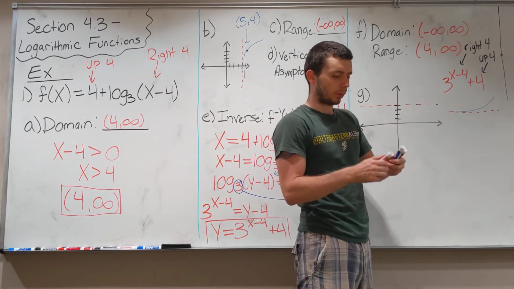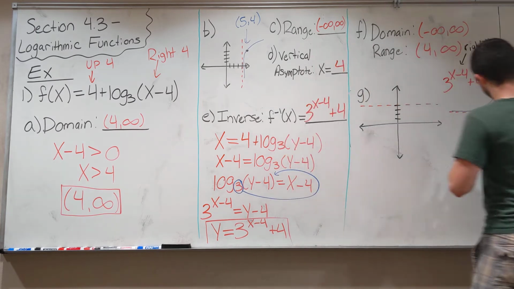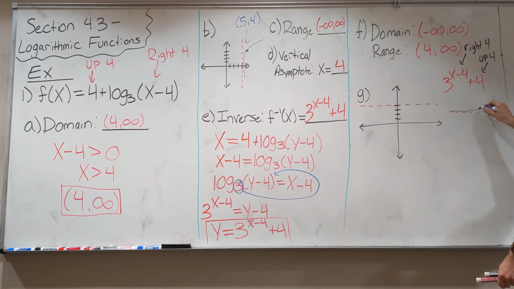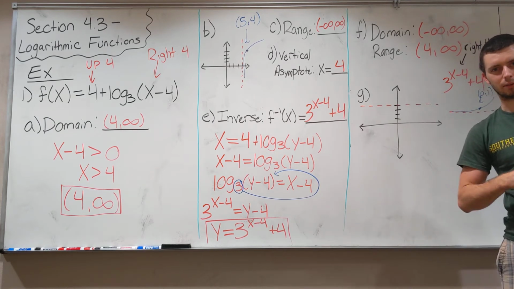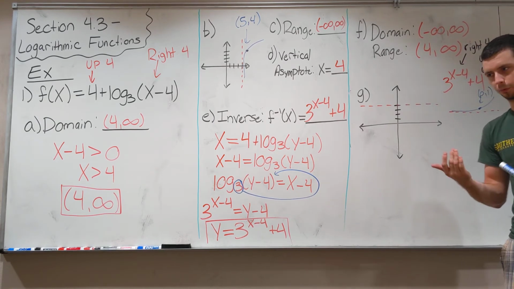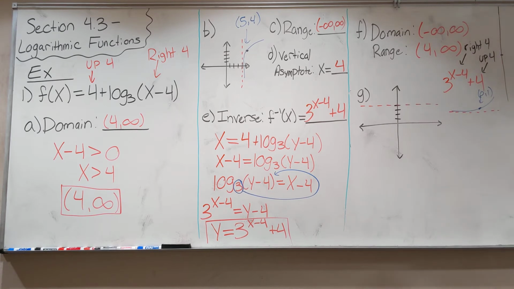We know one point on the exponential for free. This one is 0, 1. If you look at the parent function, you'll see that it does give you a y-intercept for free. So this y-intercept goes to the right 4, so then 0 shifts to 4.